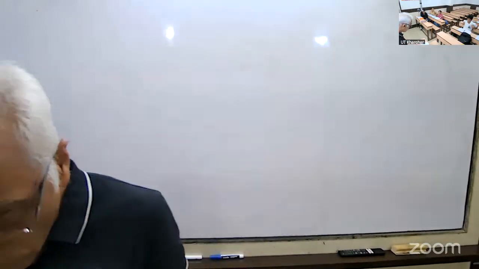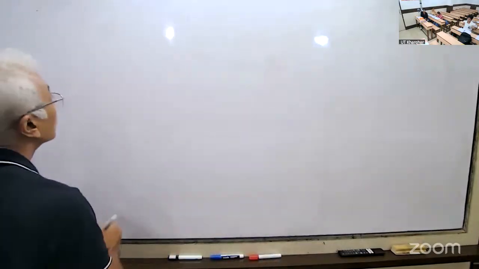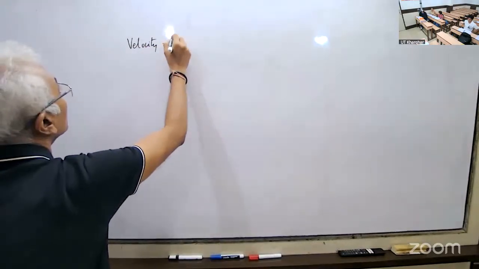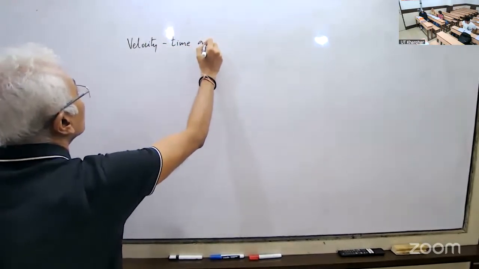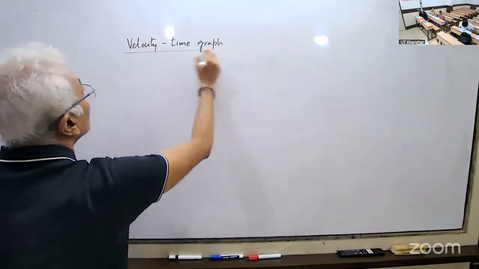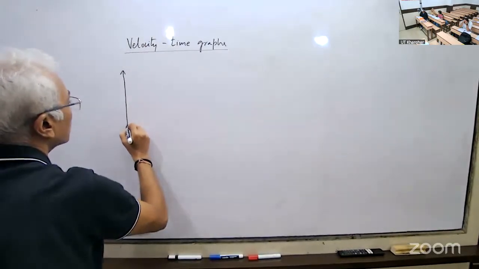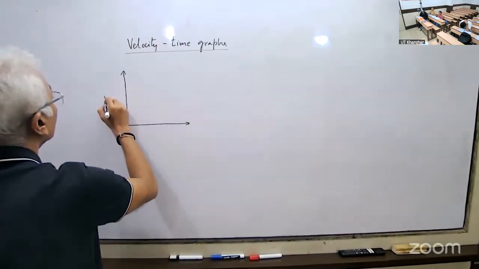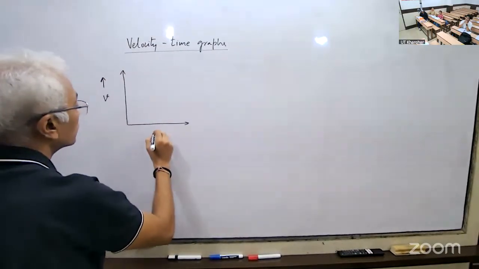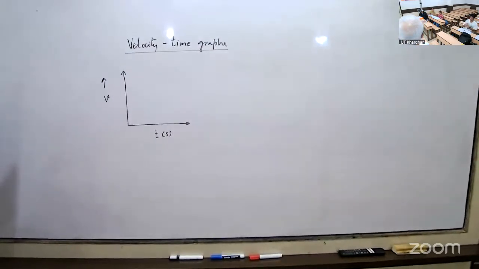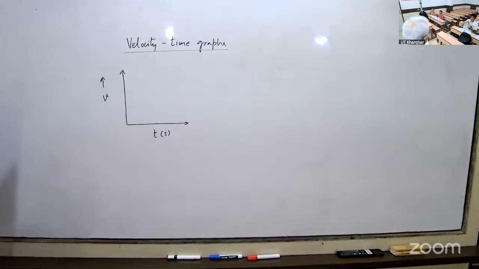Okay, let's now discuss acceleration and velocity time graphs. I will draw the graph and you have to tell me what information the graph is giving. Okay.